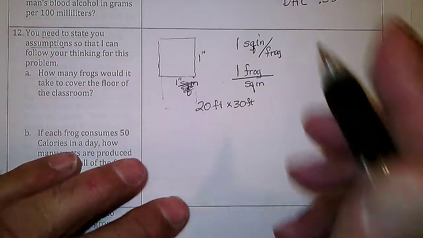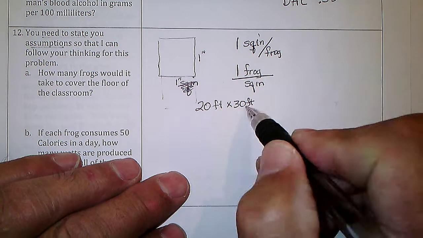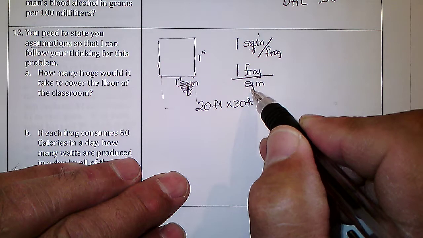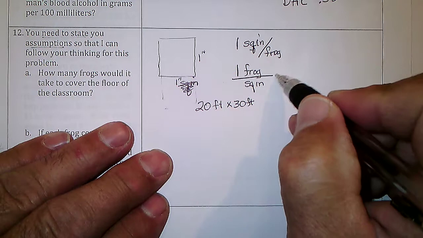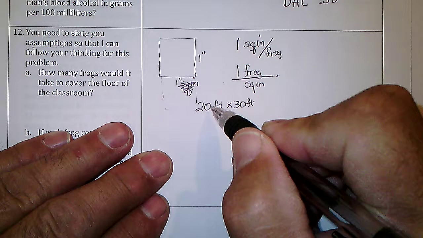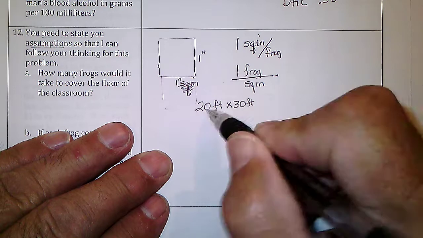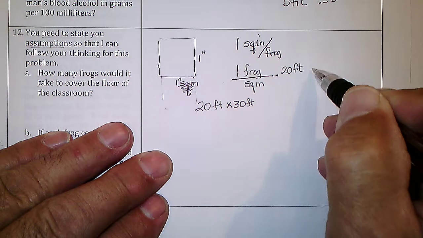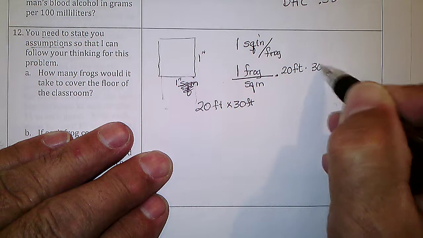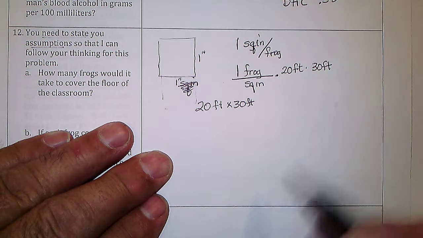So I got to figure out how many frogs that is. I got to get these to cancel. So I'm going to have 20 feet times 30 feet, but the units are not right.